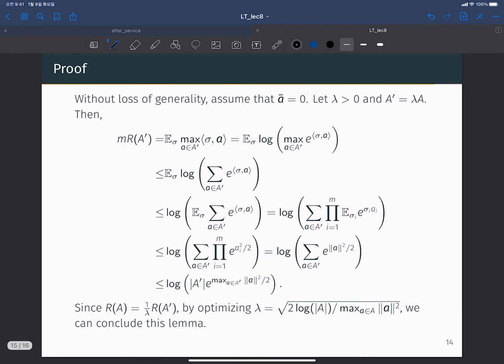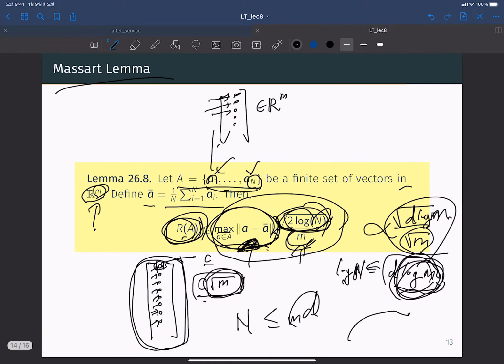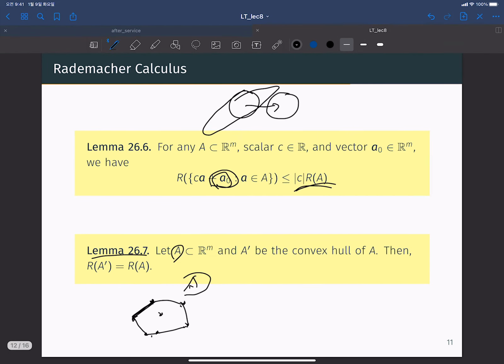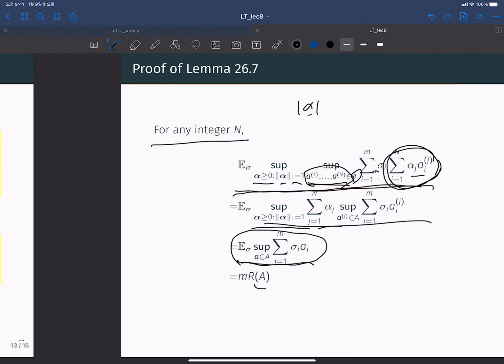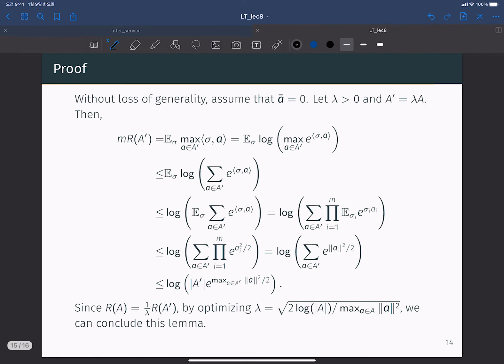Okay, so how to show the Massart lemma? Again, we will use the very nice results on Rademacher complexity.